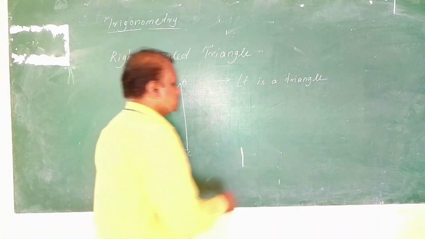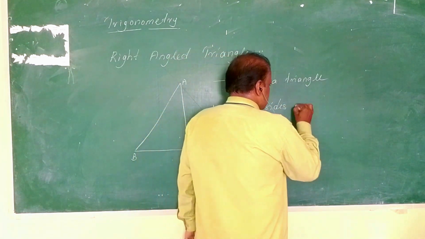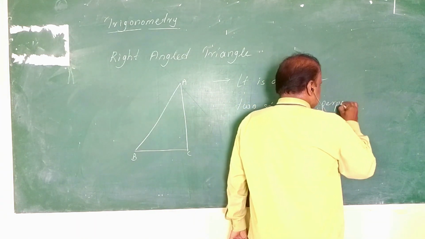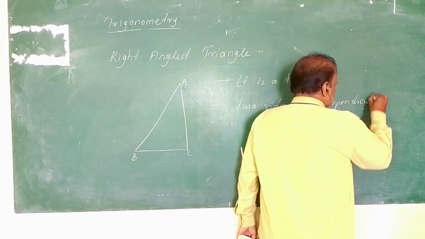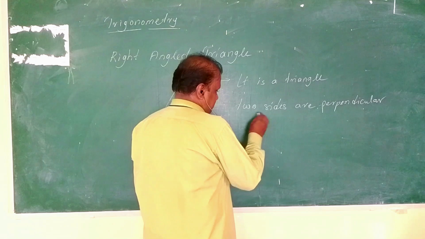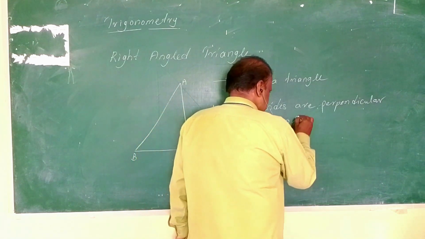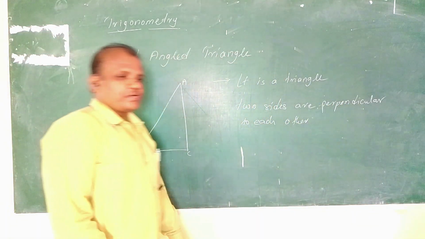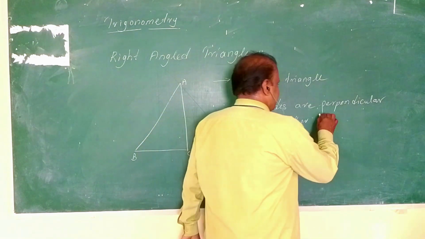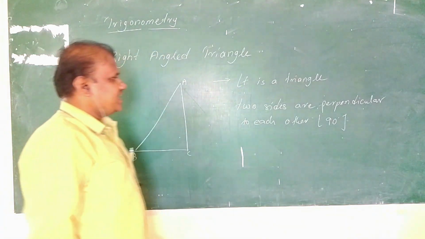in which 2 sides are perpendicular to each other. Perpendicular means both the sides are making an angle, and this angle should be 90 degrees. That is called a right angle triangle.